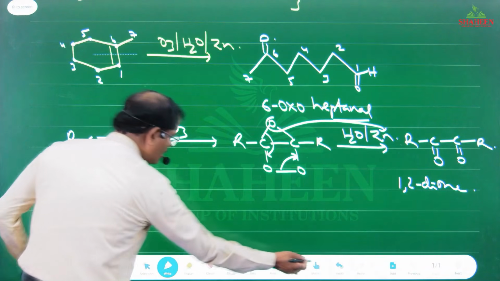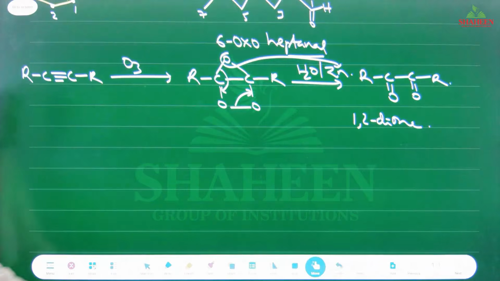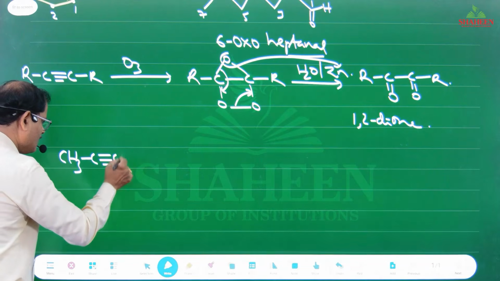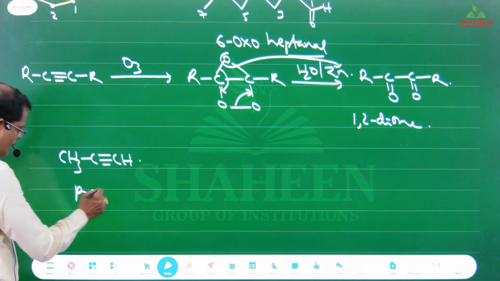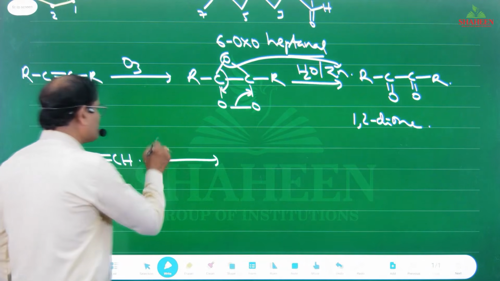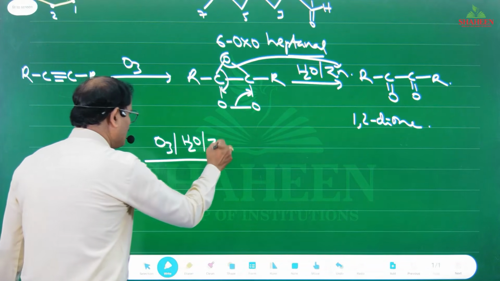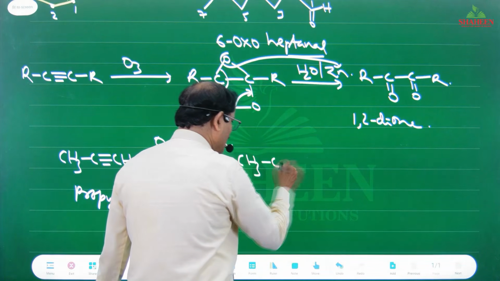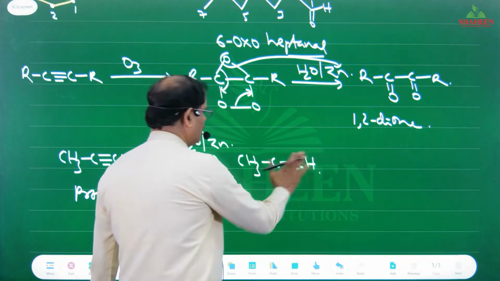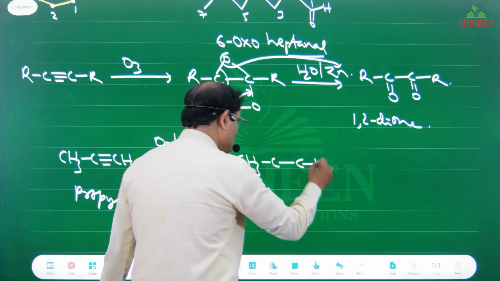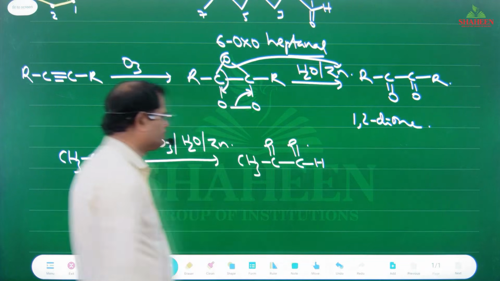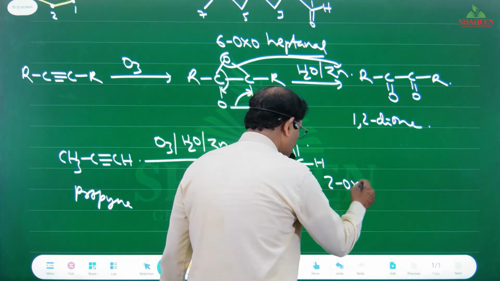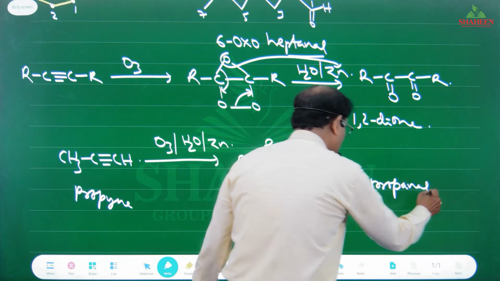So for ozonolysis of alkynes, the general formula of the alkyne is taken here. For example, if we take propyne, with ozonolysis, O3, H2O and Zn, here we have CH3, C and CH, and here also double bond O, here also double bond O. Its name is 2-oxopropanal.